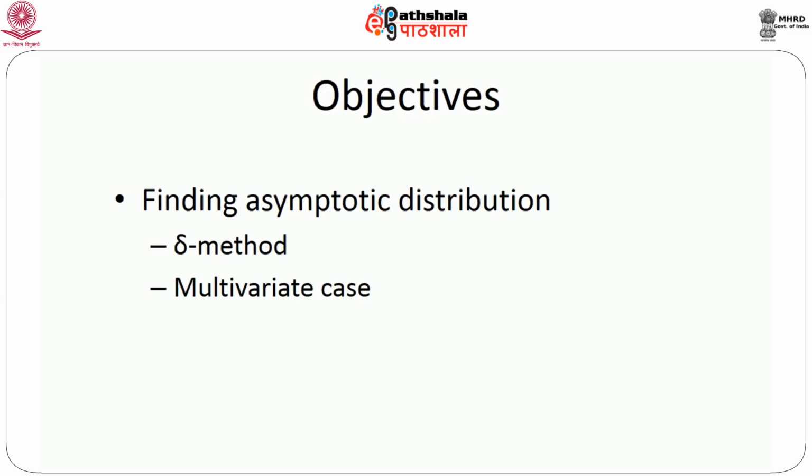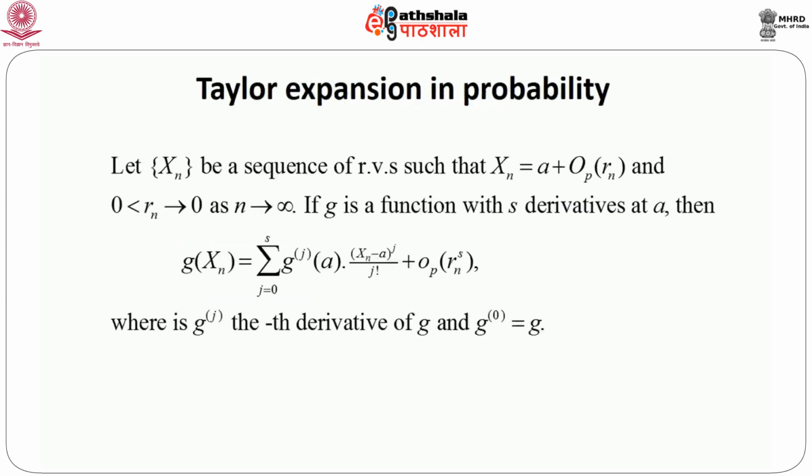First we state Taylor's expansion in probability. Let Xn be a sequence of random variables such that Xn equals a plus big O p of Rn, where Rn is a sequence of positive real numbers which goes to 0 as n goes to infinity.